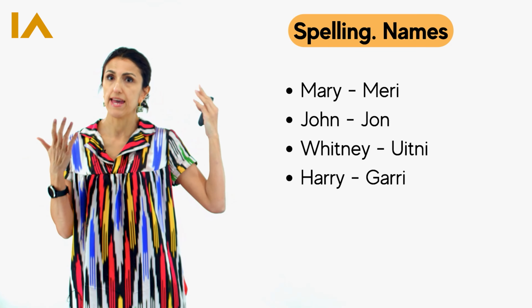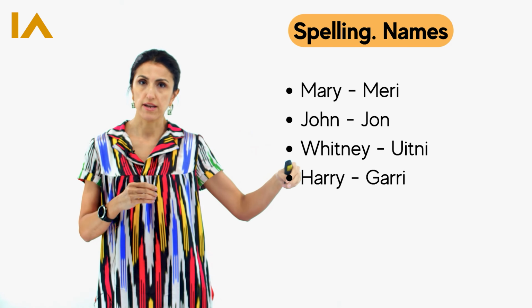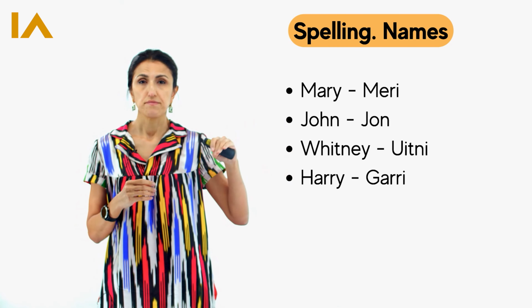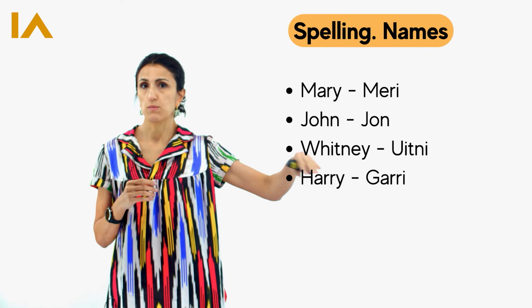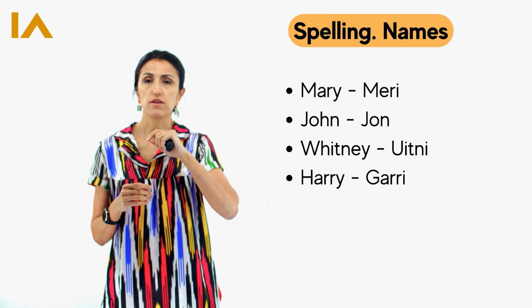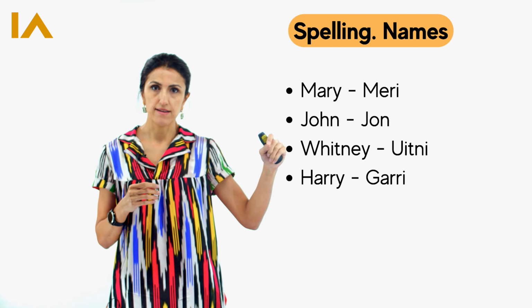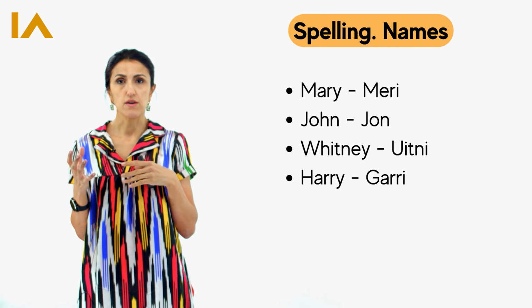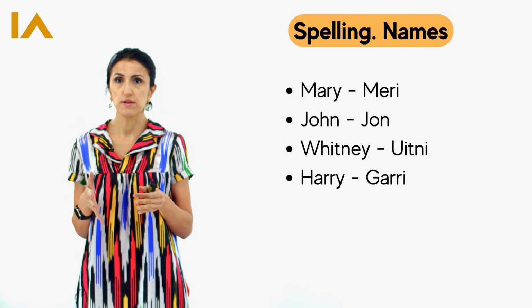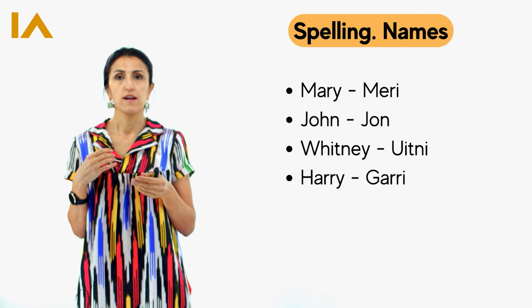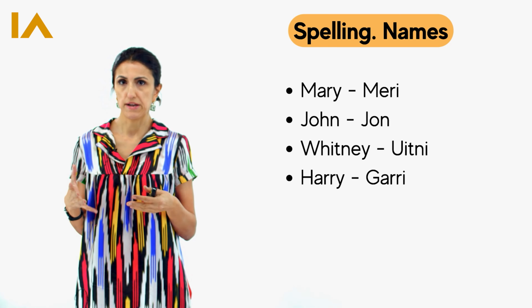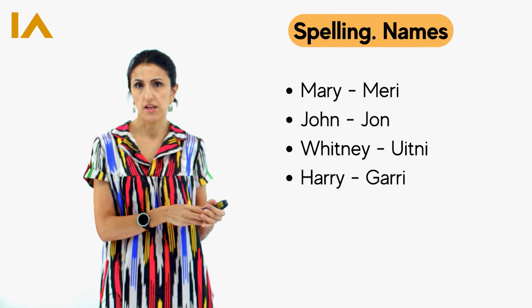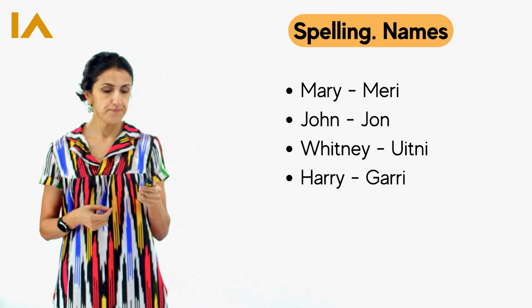We hear Mary, we write Mary. We hear Whitney, and we don't have W, so it goes through U, I, N, yeah. But some specialists argue that we have to leave them the way they are. So sometimes your names can appear the way they are. Sometimes they can be changed to the Uzbek way.